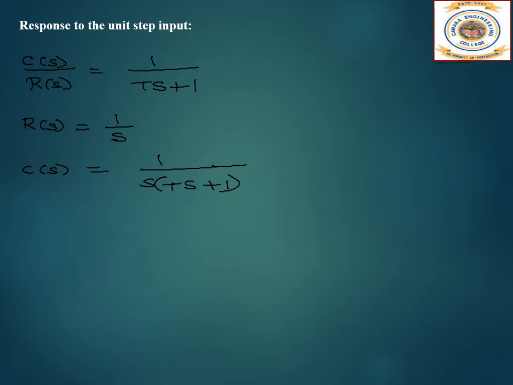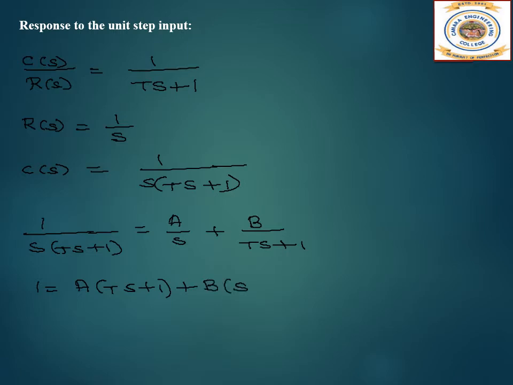Okay. So now let us apply partial fraction method to find the factors here. So 1 by S into Ts plus 1. We need to apply inverse Laplace transform, so for that, let us apply the partial fraction method. So A by S plus B by Ts plus 1. 1 is equal to A into Ts plus 1 plus B into S. So let us apply this.